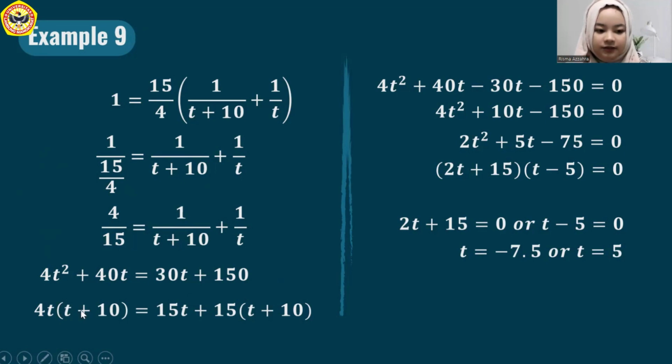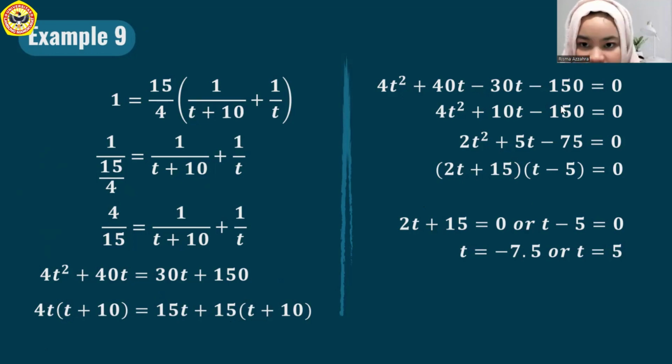So 4t squared plus 4t minus 30t minus 150 equals 0.